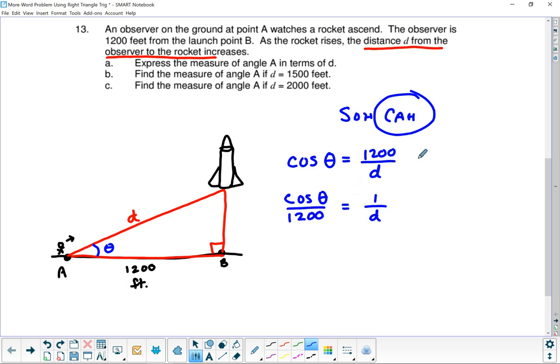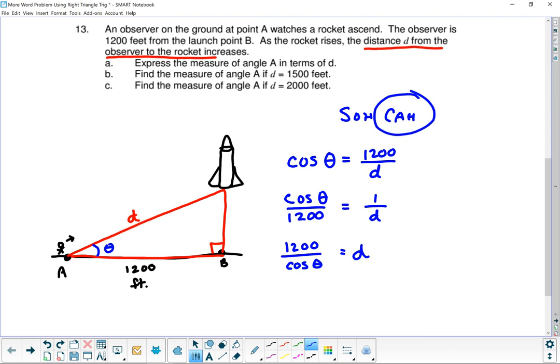Then we take the reciprocal of both sides and get 1,200 over cosine theta, and that's what A is. So we've expressed a measure of angle A in terms of D. Oh, actually, we're done right here.